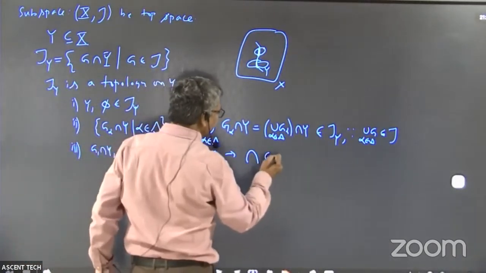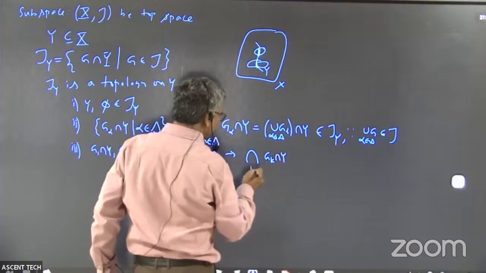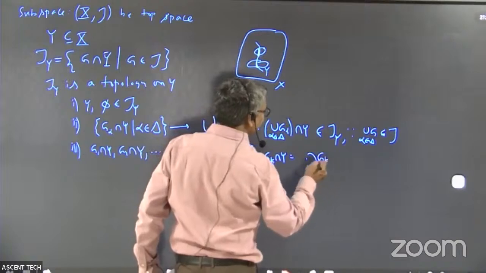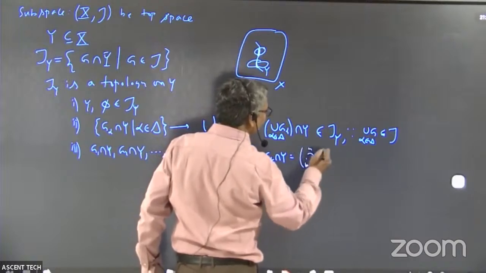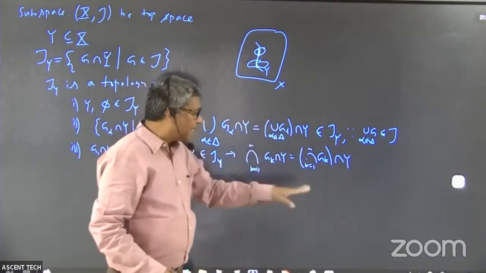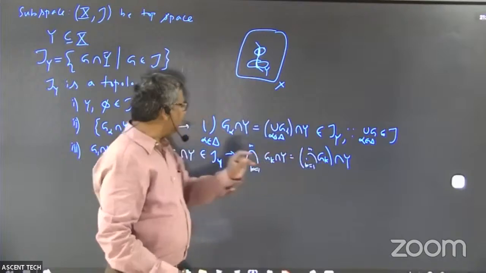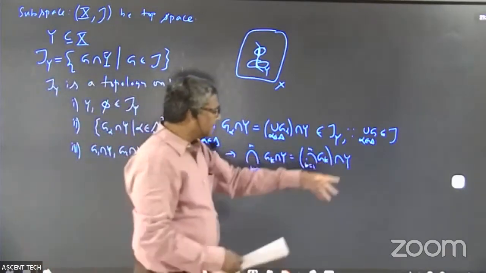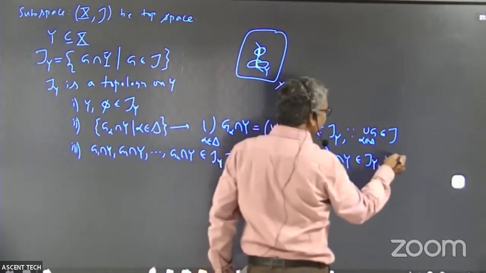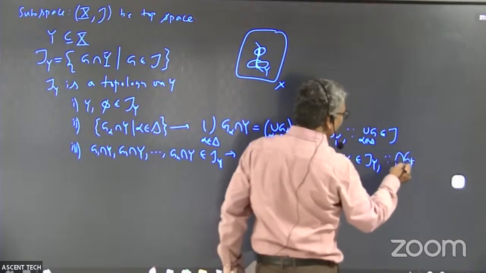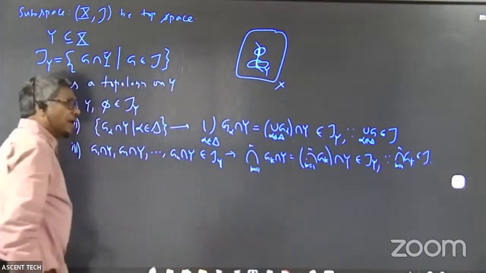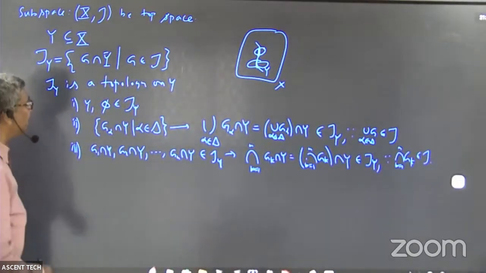Intersection of Gk intersection Y, k equal to 1 to n, is nothing but intersection Gk, k equal to 1 to n, intersection Y. And of course, a finite intersection of open sets in X is an open set in X. So this is in T, and therefore that intersection Y is in Ty, since intersection Gk is in T. So that way this Ty becomes a topology on Y, and this is called the subspace topology.